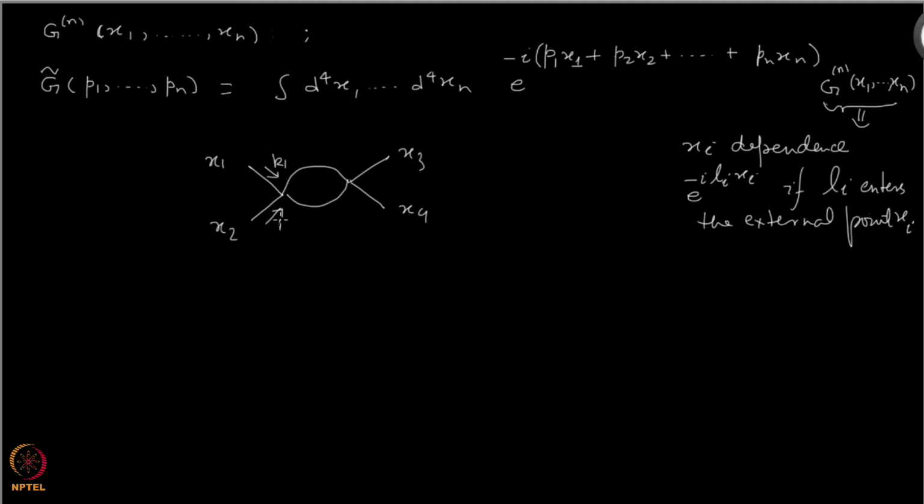So let's do it again the same way, but you can assign it differently if you wish. And this was k5, which was assigned this way, and this was k6, which was going this way. And we have already done the integrals over the vertices, so they are not there anymore.